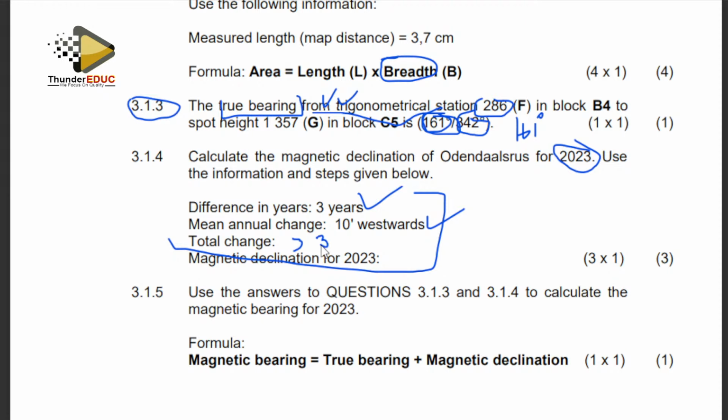So it's going to be 3 years times 10 minutes. What are you getting? Here we get 30 minutes. Okay, sorry for that. Here we get 30 minutes. So the magnetic declination for 2023: we go to the map and check what was the magnetic declination for that year when this map was extracted.